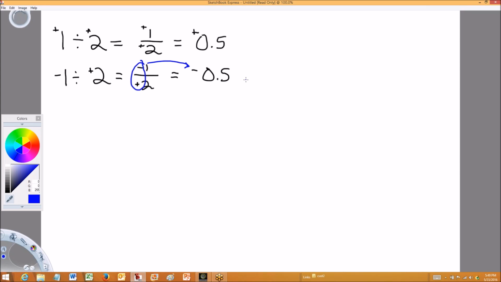So it's just like multiplication. A negative times a positive is negative. A negative divided by a positive is a negative. So they're interchangeable. They're synonymous almost. Let's go on. -1 divided by a -2, if you want to put it in fraction form.